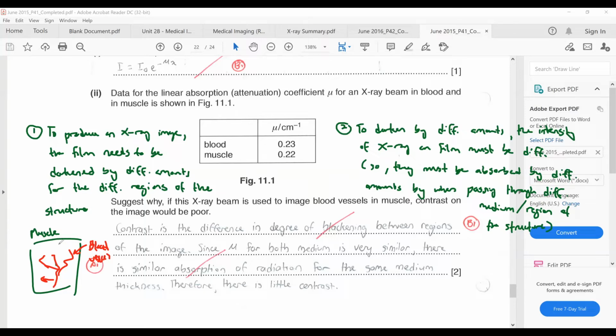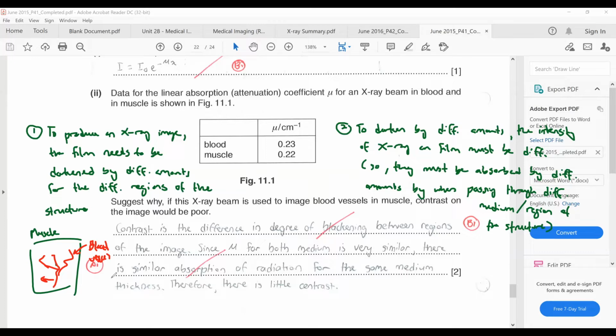If both muscle and blood absorb exactly the same intensity, whatever comes out of the structure and onto your film will be exactly the same intensity. So you will never be able to see the image because they darken by exactly the same amount. If you want to get an image, you need the X-ray film darkening by different amounts.